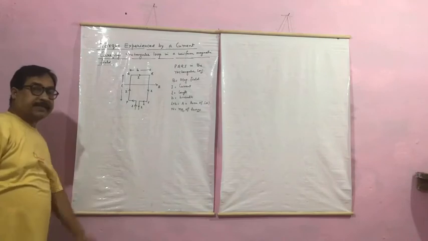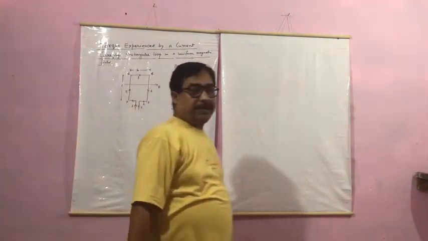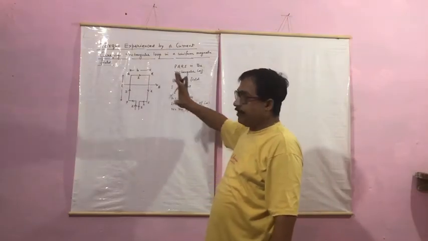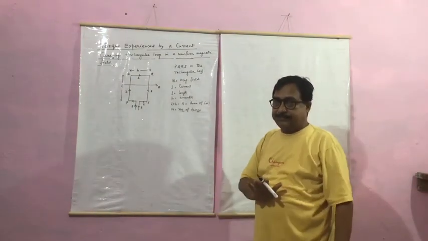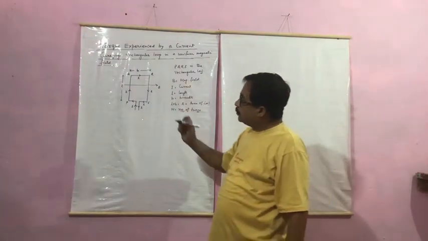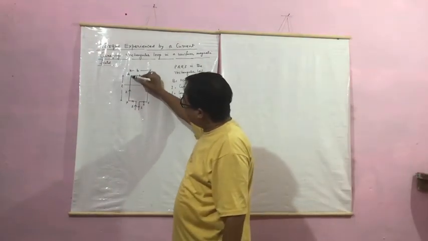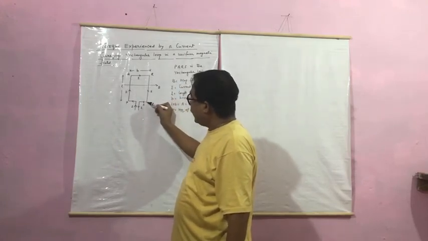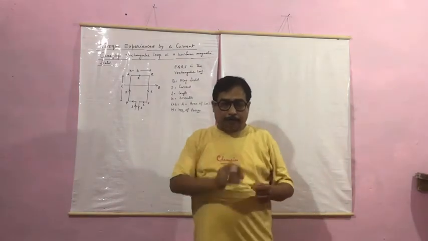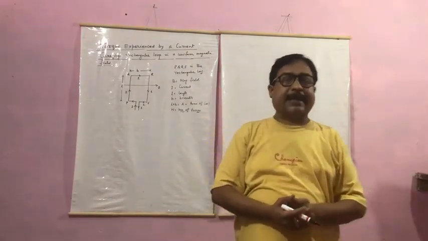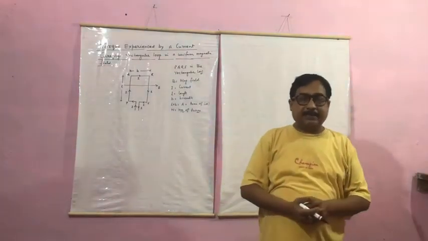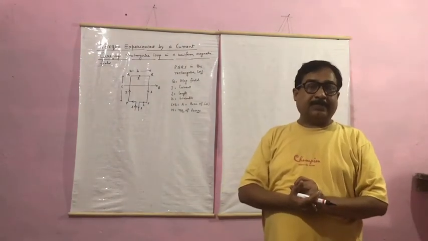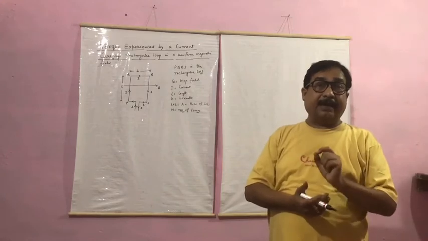Now study the situation. When this rectangular loop is placed in this magnetic field, what happens? Every conductor, that is PQ, QR, RS and SP, all four parts of that rectangular loop is experiencing a force due to magnetic field because they are carrying current.